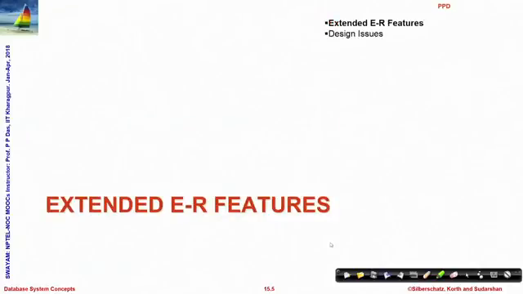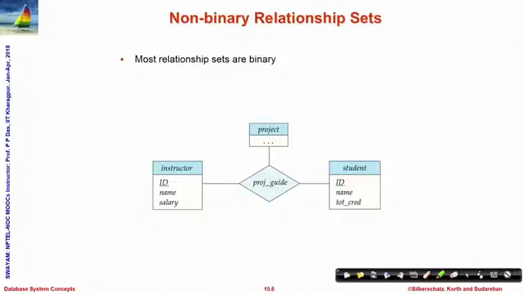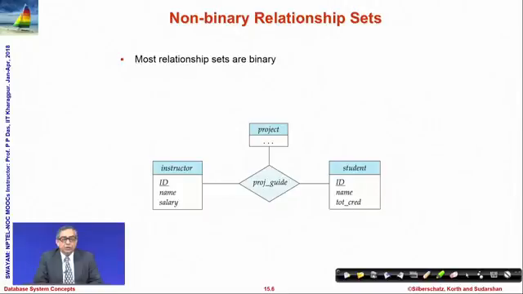So, we start with extended entity relationship features. The first thing we note is that so far in the entity relationship model, we have talked about relationships between two entity sets, such as a student attending courses or instructors advising students.